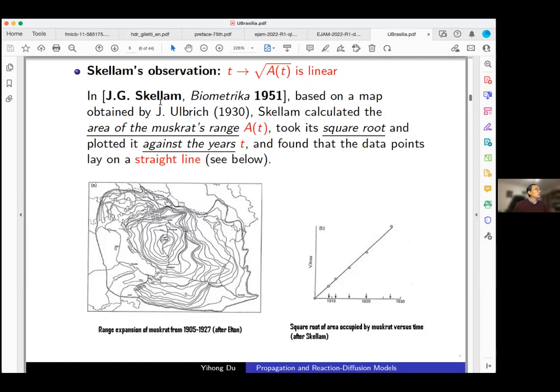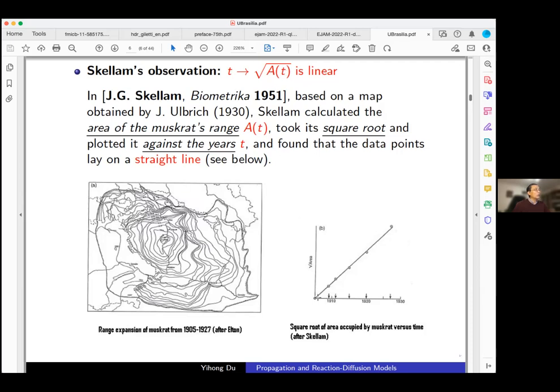Then what did Skellam do? He just estimated the area inside each closed curve. And so he got an area changing with the time. And then he took the square root of the area and looked at how this square root of the area changed with the time t.